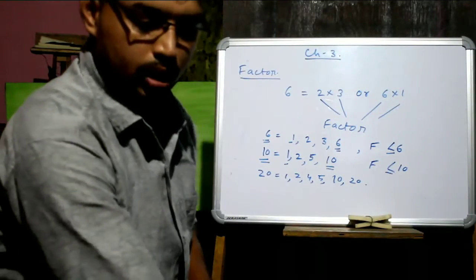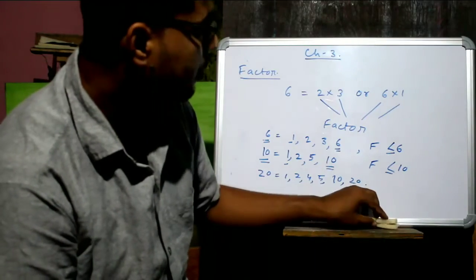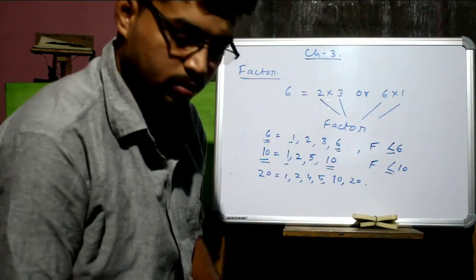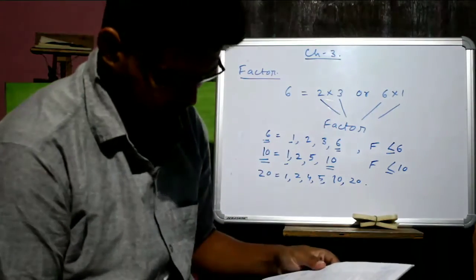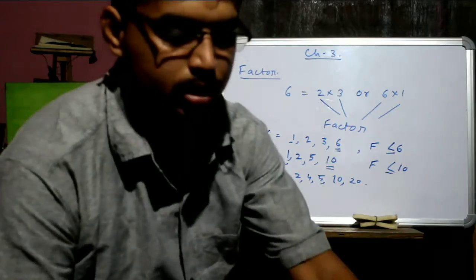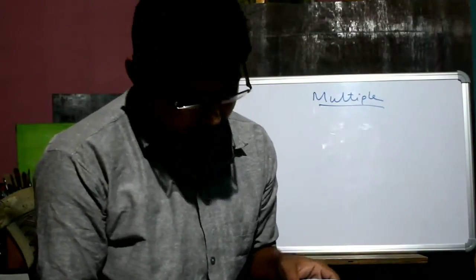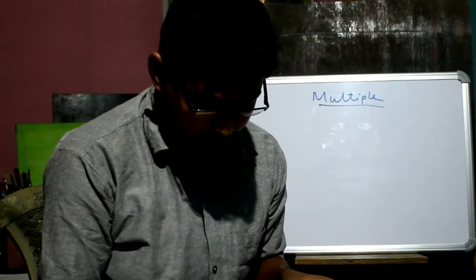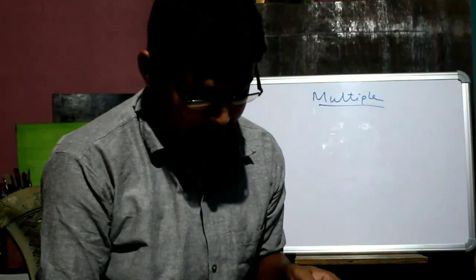Next we will see multiples. A multiple of a number is a number obtained by multiplying it by a natural number.